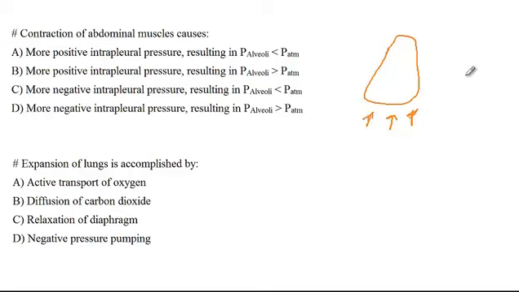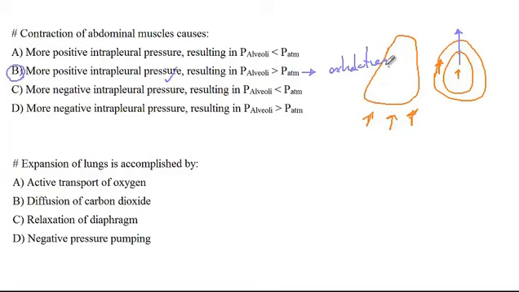So the lungs are now getting smaller, and so intrapleural pressure increases, and so does the alveolar pressure, as a consequence of which air would be exhaled. So there would be more positive intrapleural pressure, that's correct, resulting in an alveolar pressure that is more than atmospheric pressure. So choice B is correct, and that would lead to exhalation.